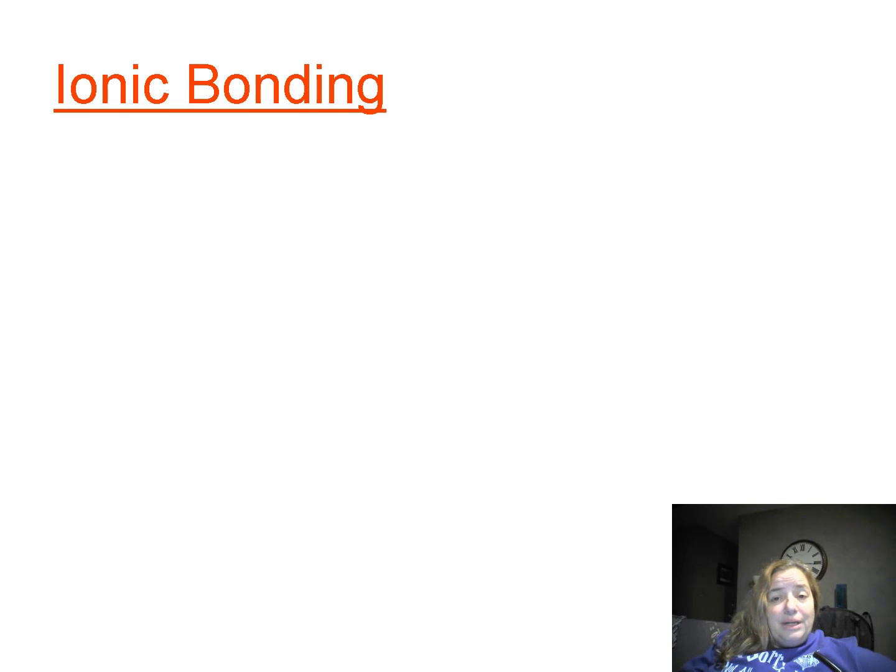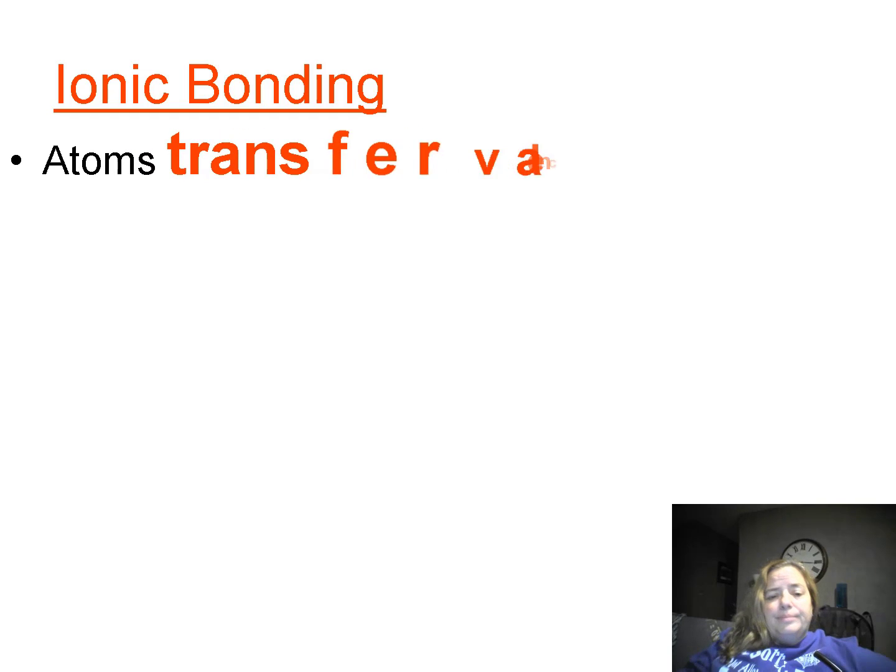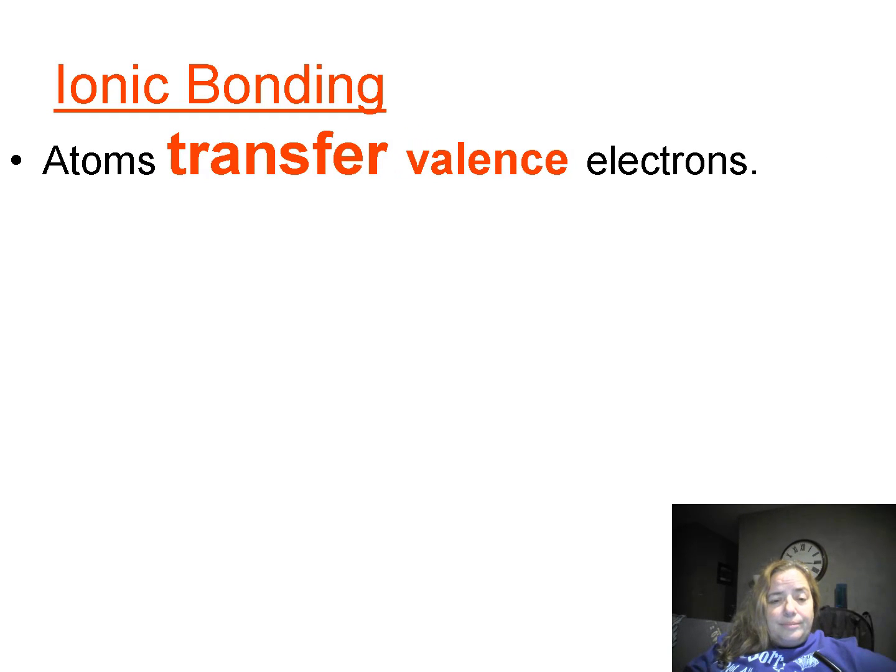In these, the electrons actually come off of one and go on to the other one. So this one's ionic bonding. When electrons come off of one and go on to the other, it's called transferring.